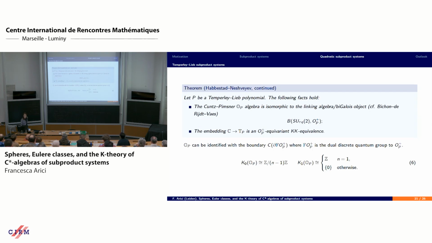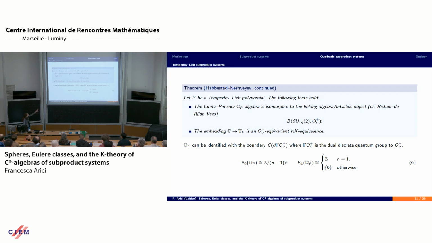They also observed a connection with the theory of quantum groups and representations thereof. So they proved that the Cuntz-Pimsner algebra is isomorphic to the linking algebra, or if you want, the bi-Galois object, in the sense of Bichon, De Rijdt, and Vaes, of these 2 quantum groups. SU_τ(2), where τ is a parameter, I'm not going to describe it now, but it can be constructed out of the a_i's. And the other group is the free orthogonal quantum group that I mentioned earlier.